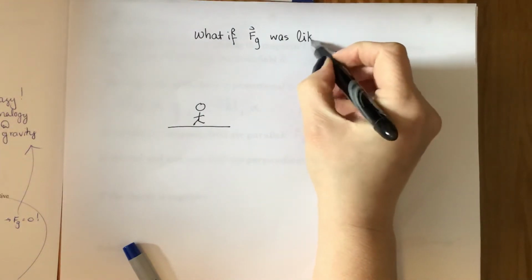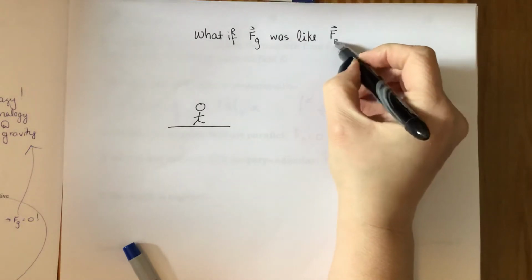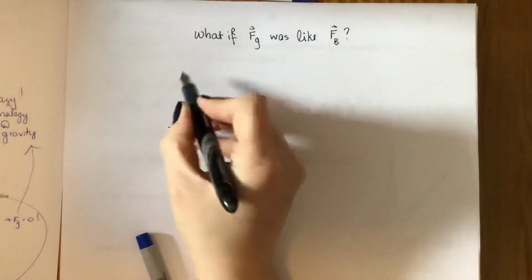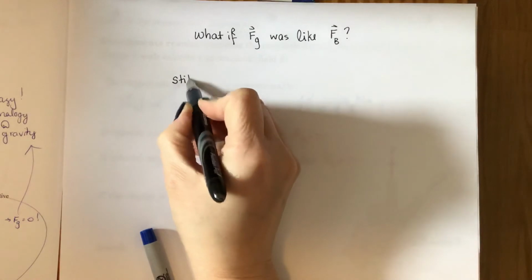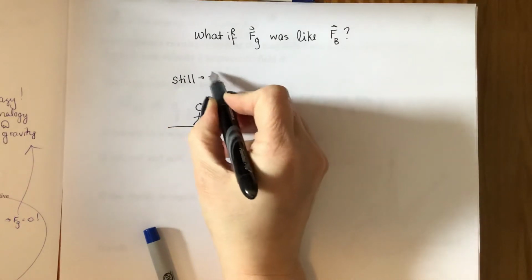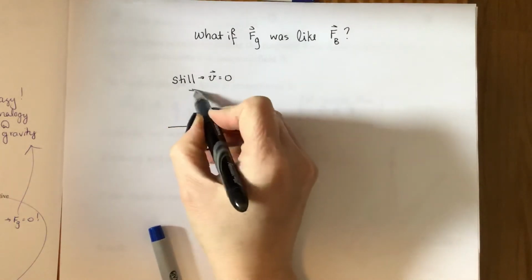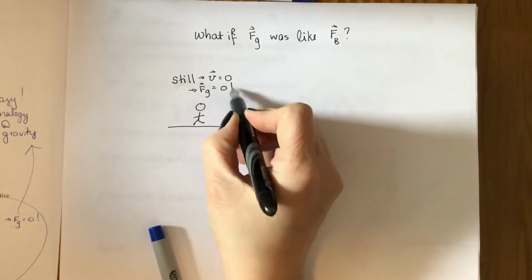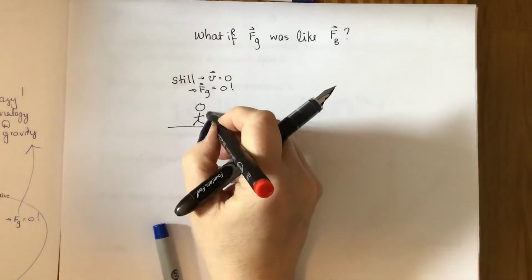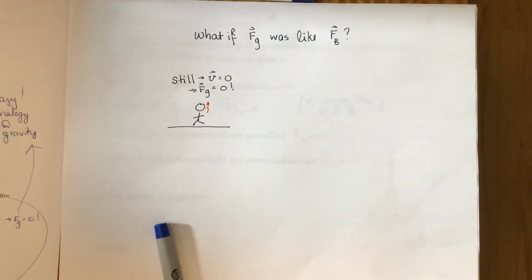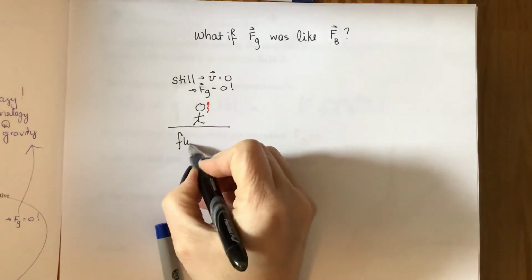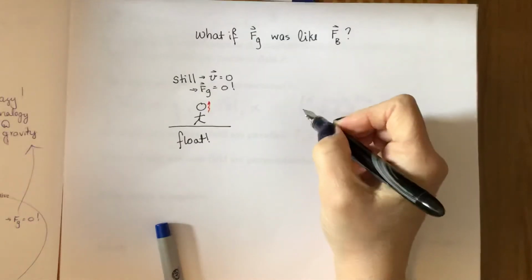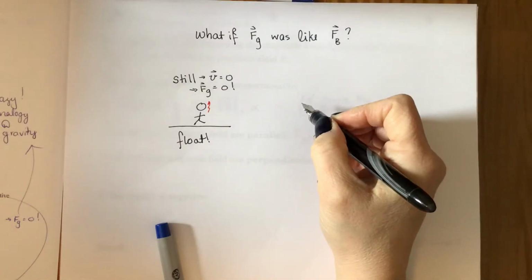That's a good question. If you stand still, that means your velocity is equal to 0. You'd have gravity turned off. That's weird. And you would start to float up. That's a pretty strange thought. As soon as you stand still, gravity goes away and you start to float up in the air.